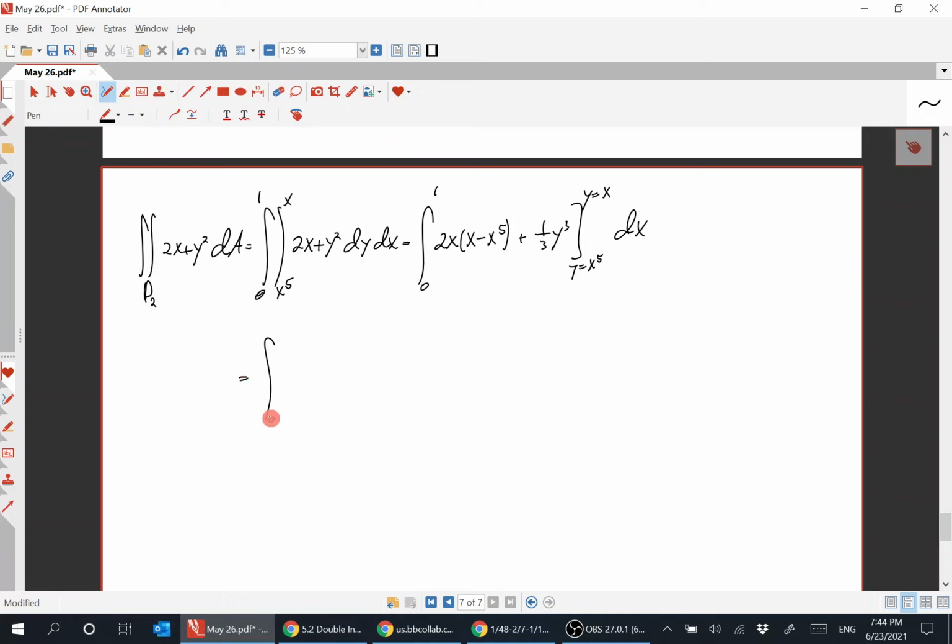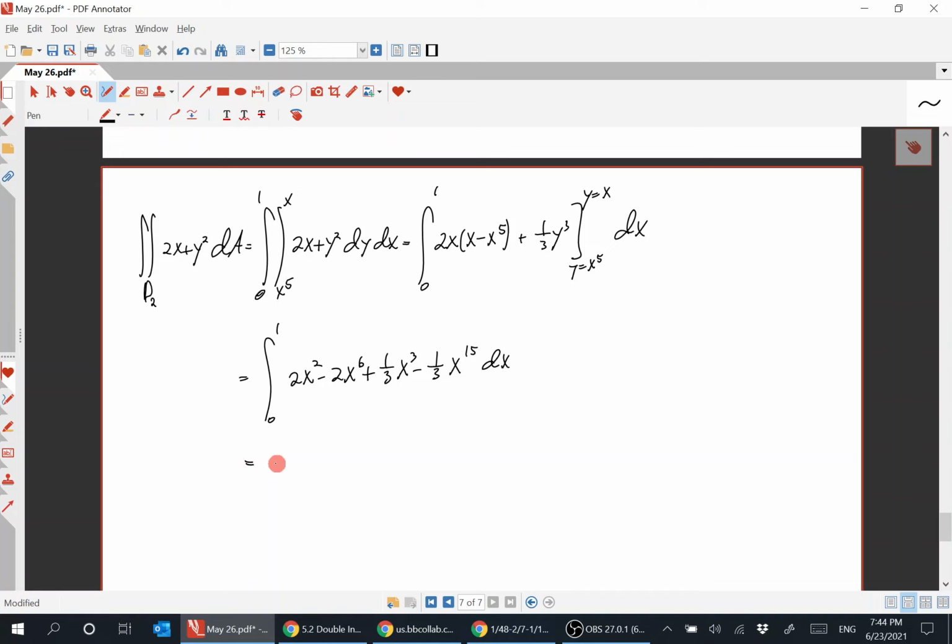So integral from 0 to 1, this is 2x squared minus 2x to the 6th plus 1/3 x to the 3rd minus 1/3 x to the 15th.